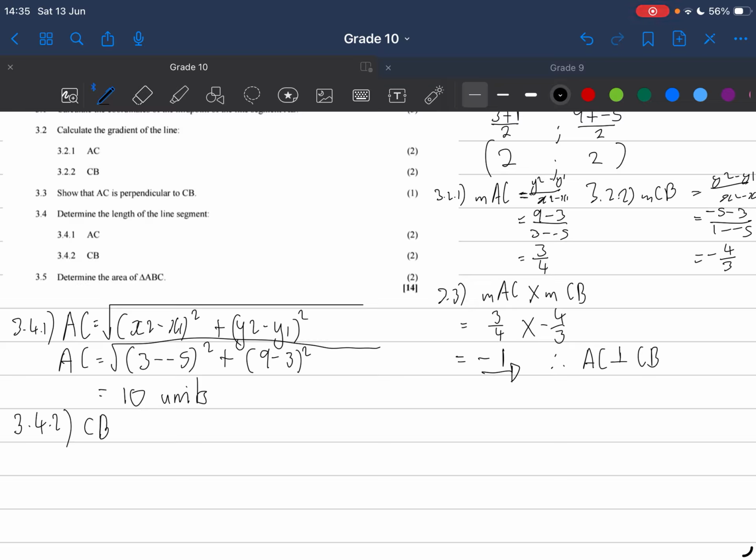3.4.2, you're trying to calculate the length of segment CB. So again, we use the same formula. You write it in full, I'm just skipping that for now.